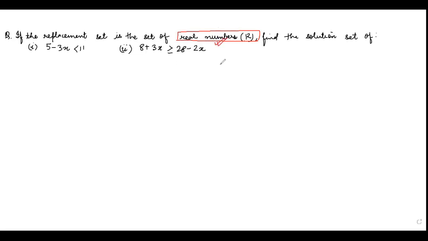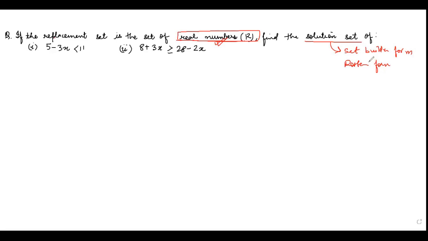What did I say just now? Again, I'm repeating it. Listen carefully. When the replacement set is real numbers, then the solution set, which you have to find, has to be always in set builder form, and it cannot be in roster form. What is the reason? I have explained this really nicely in lecture number 2.